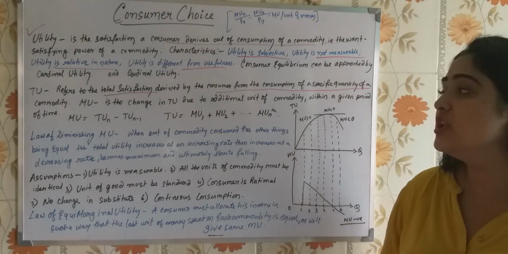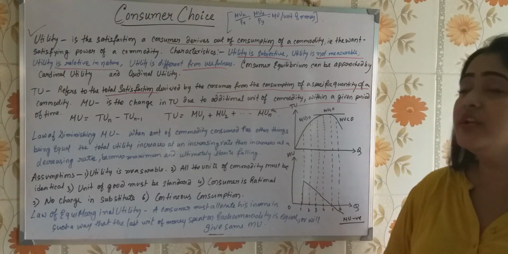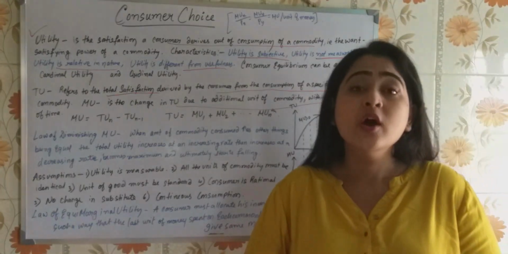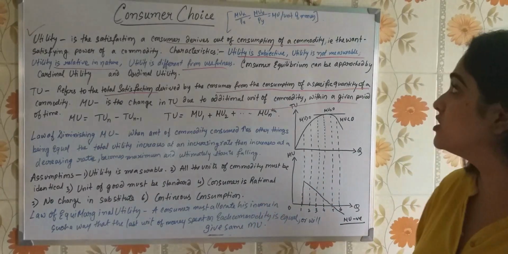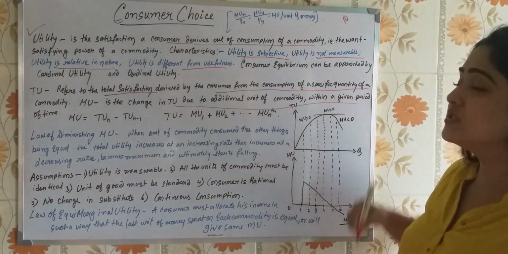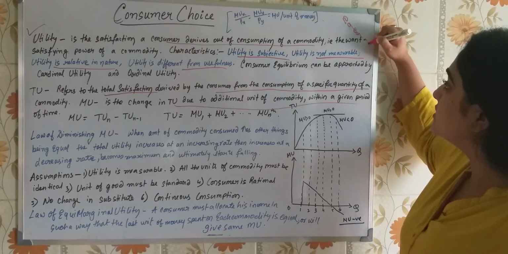And what is marginal utility? It is the change in the total utility due to an additional unit of commodity within a given period of time. Okay, the change which is occurring. Suppose you are taking 10 glasses of water, then 9 glasses, then 8, then 7, like this it keeps on going.